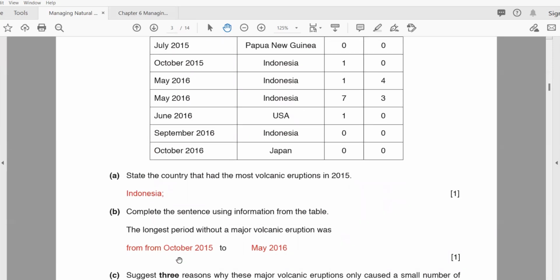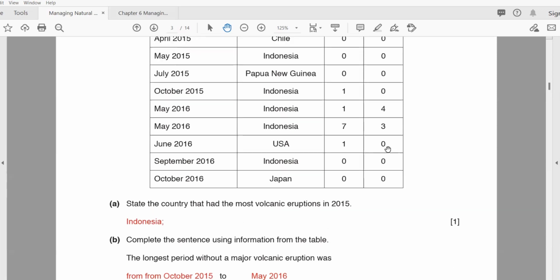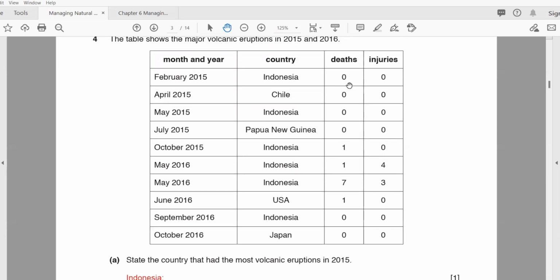Okay. Then suggest three reasons why these major volcanic eruptions only caused a small number of deaths and injuries. If you see here, for example, the table shows zero deaths, 0, 1, 1, 7. Why are the injuries less and even the deaths less?